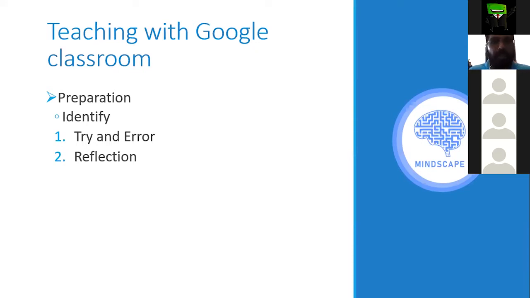Okay. And next, the second one is identifying. Since this is actually a new thing for everyone, we have to try and error to see which one works for us. Each and every one will have their own style. You can try one by one, and every class you can give a small assignment to see how much they have understood, so that you know how much you have reached them.